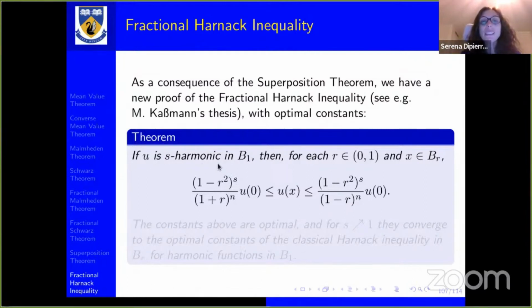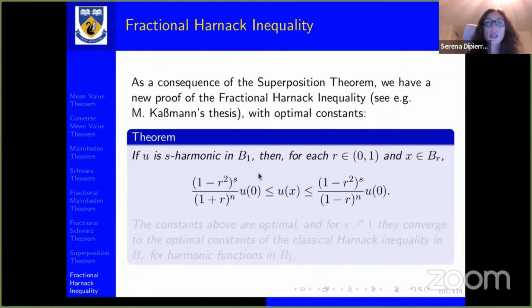So if U is s-harmonic in B1, then for each radius r in (0,1), so for each ball BR, and for each point x in BR, U of x is comparable with U at 0 with explicit constants, which are (1 minus r squared) to the power s divided by (1 plus r) to the power n, and (1 minus r squared) to the power s divided by (1 minus r) to the power n.